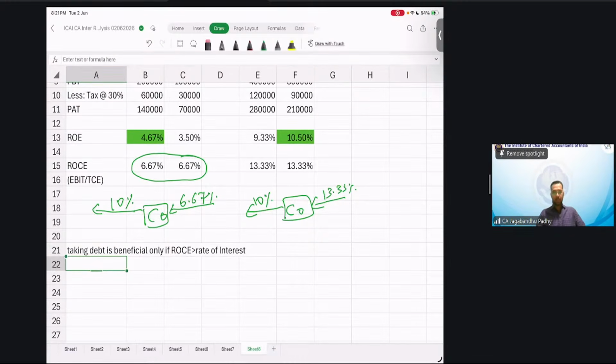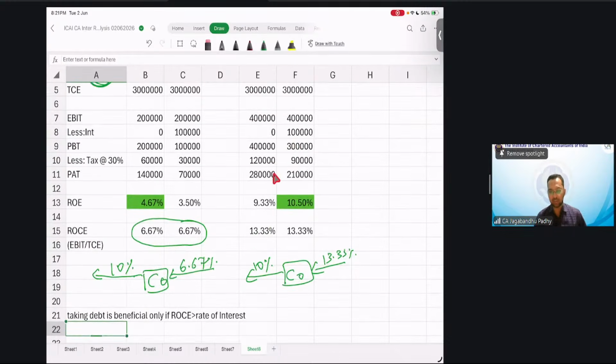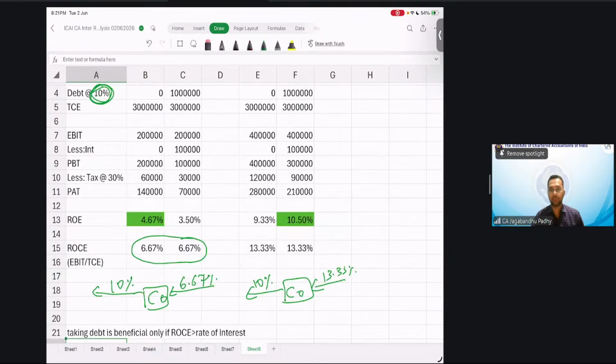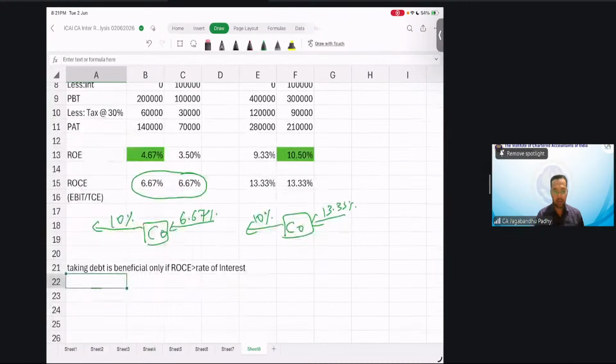So taking debt is beneficial only if your return on capital employed is greater than the rate of interest. Like taking debt is beneficial in the second situation because you are earning 13.33%, whereas what you have promised is 10%. Right? Correct? Got it, guys?